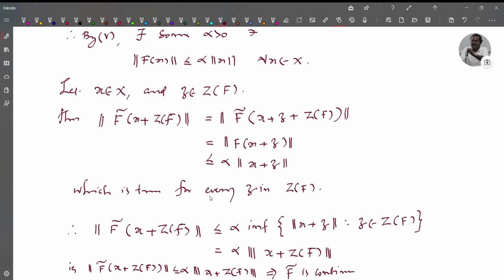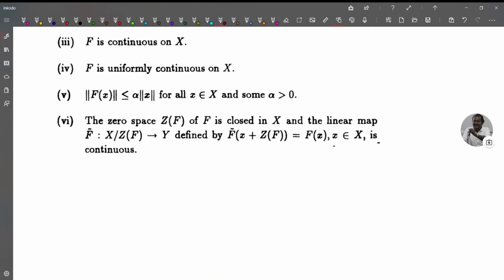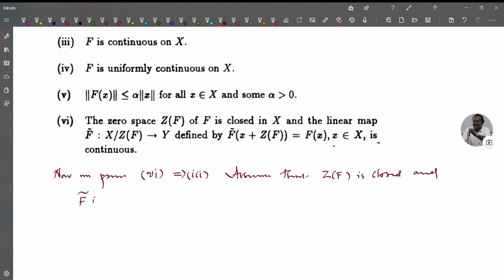Now we prove 6 implies 3. So assume that the zero space of f is closed and f tilde is continuous.